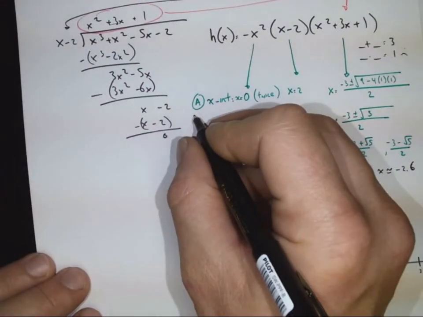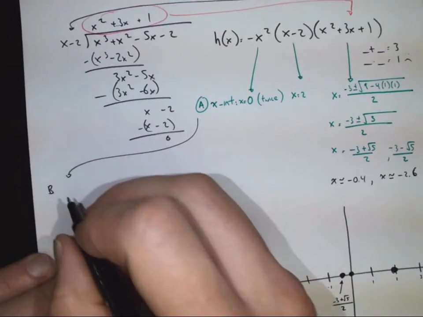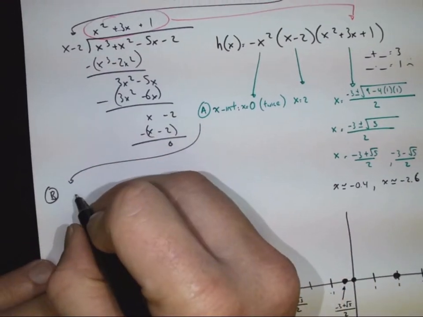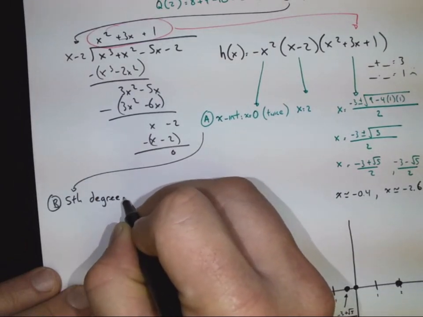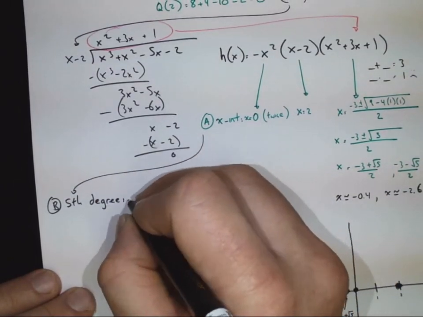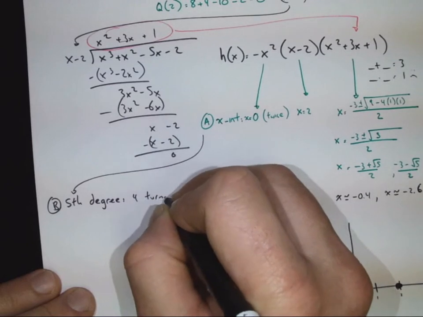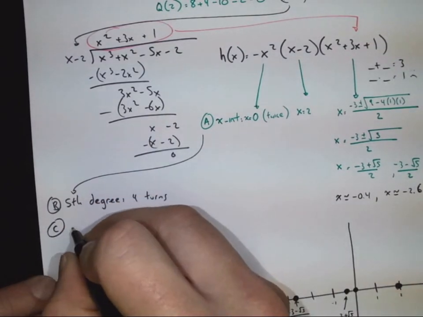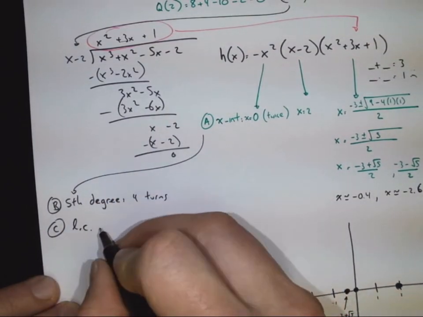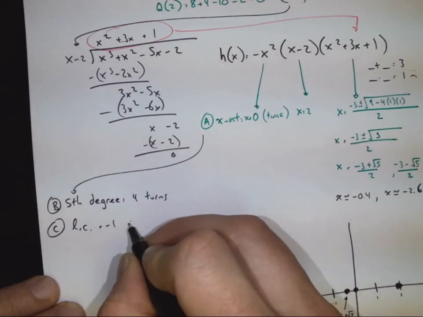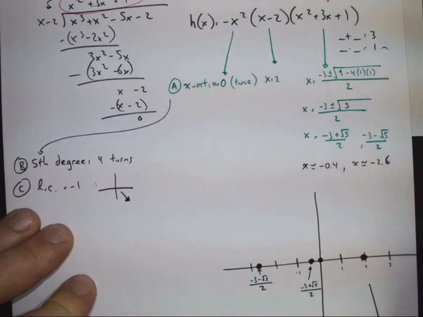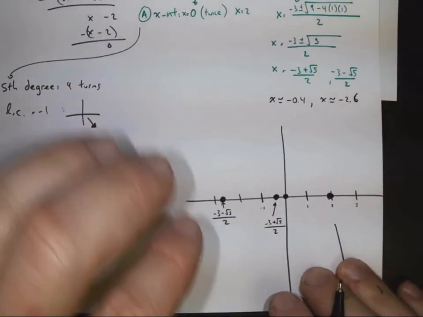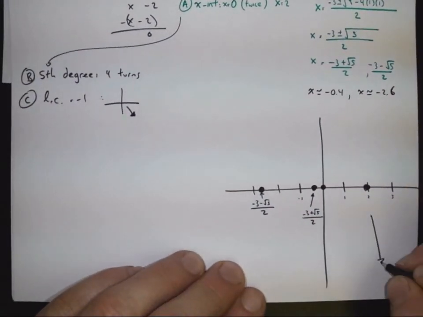All right, so for part B, I'm going to find my degree. It's a 5th degree polynomial, so therefore we're going to get 4 turns. We have a leading coefficient of negative 1. Therefore, it's going to look something like this. We're going to get a downward arrow, down like this.